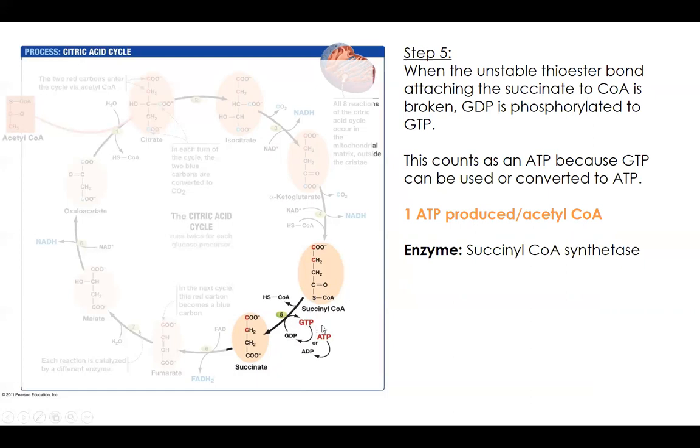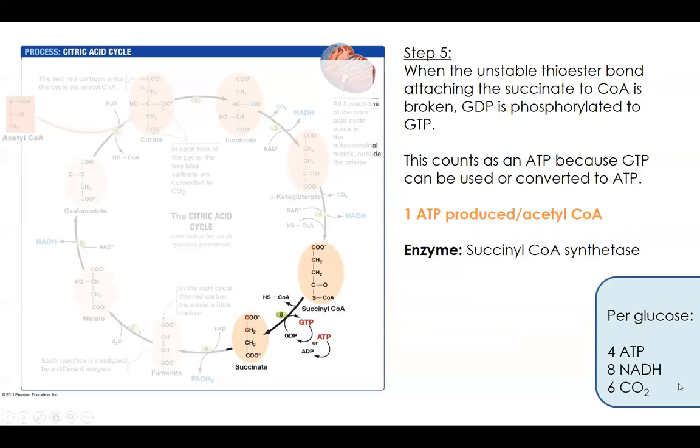That's fine, we're going to count it because the GTP can be used directly or it can be converted into ATP so that we can use it just like an ATP. So I'm going to count it as an ATP. We directly make GTP, and can either use it as is or create an ATP from it. So 1 ATP produced per acetyl CoA. That gives us 2 per glucose in this step, plus the 2 we had previously, 4 ATP.